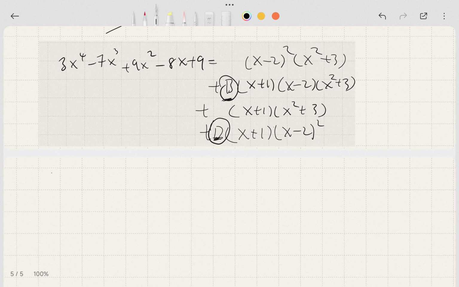So we get x squared minus 4x plus 4 times x squared plus 3.